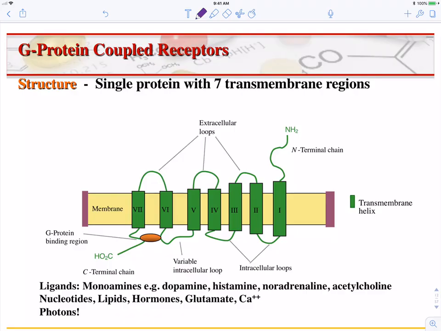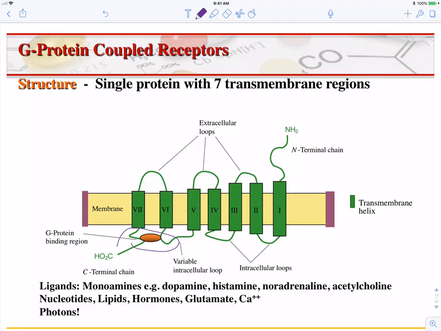They are proteins that contain 7 transmembrane helices with extracellular loops that are in charge of recognizing the stimuli, so the neurotransmitter or the hormones that act on the receptor. And then in the intracellular portion, they have a binding site that accommodates the G protein.